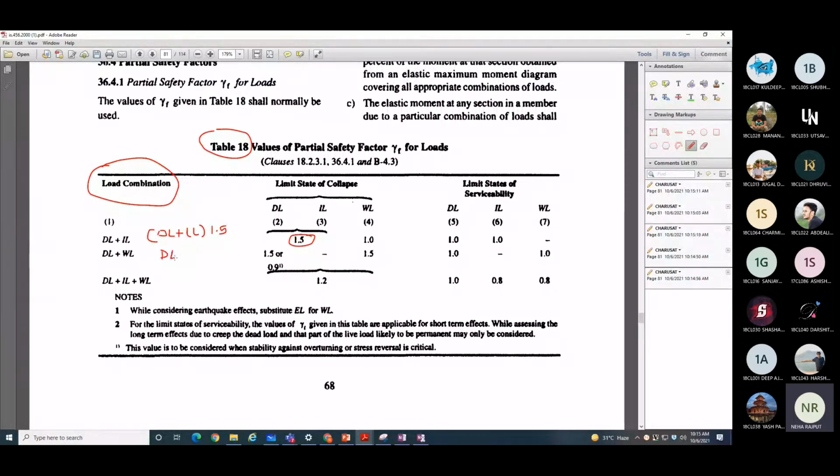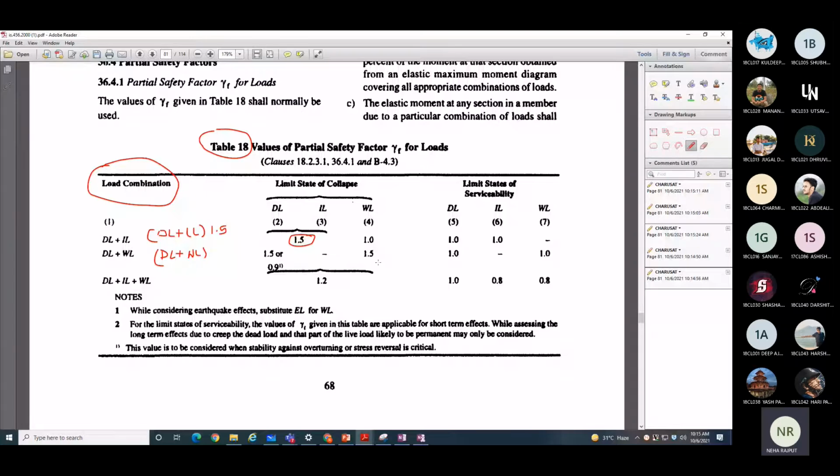Here this has two partial safety factors. For dead load the partial safety factor is 1.5, and for wind load it is also 1.5.